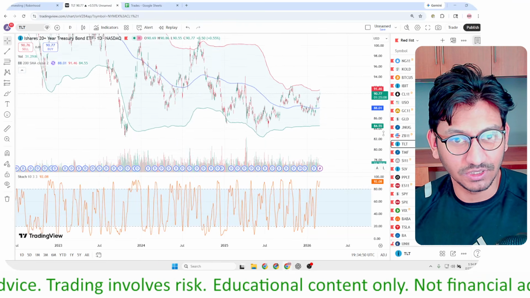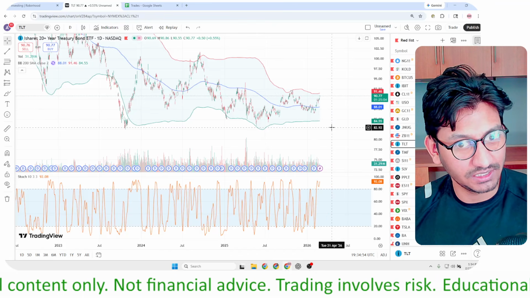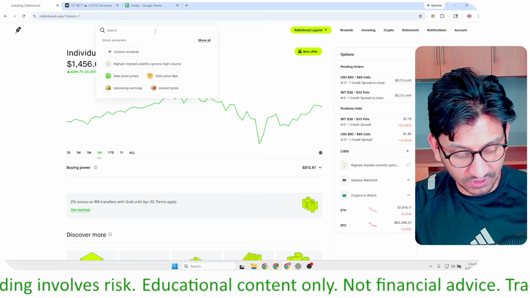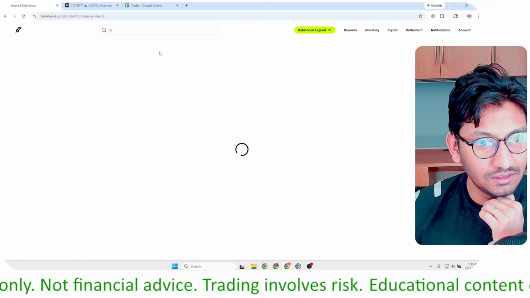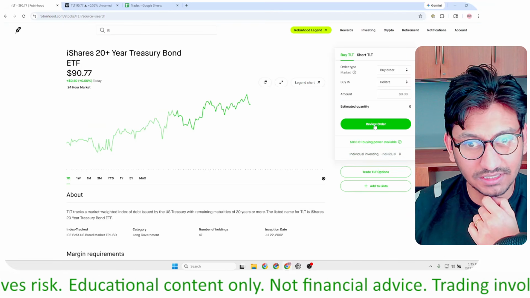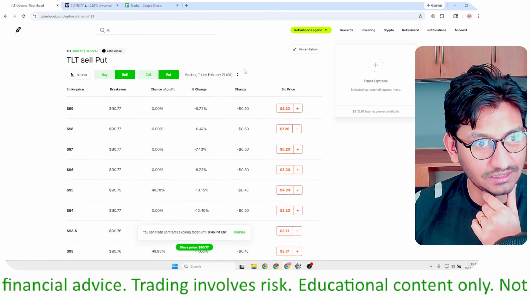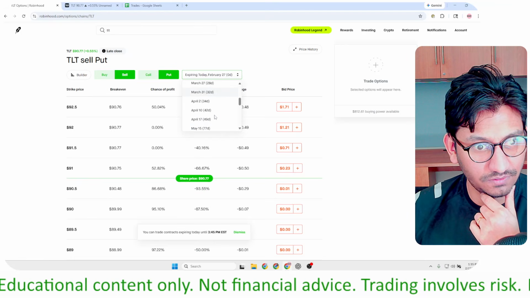Let's see what TLT is doing. So TLT is on an uptrend. I might go into a bearish position, but let's see if TLT offers any decent credit. TLT is 90 bucks. Let's see if TLT actually offers any decent credit on 45 days. Do we have 45 days?